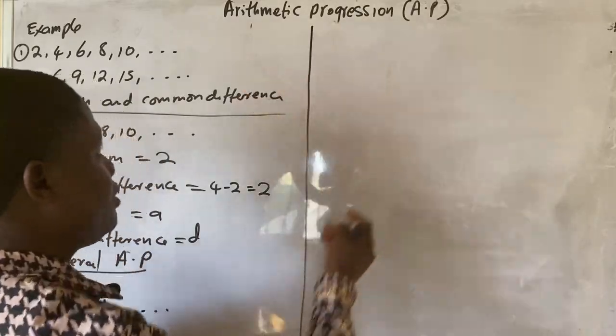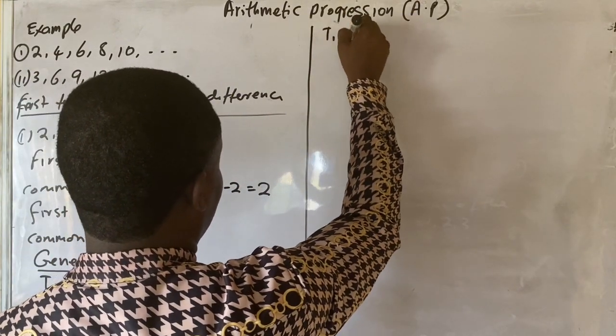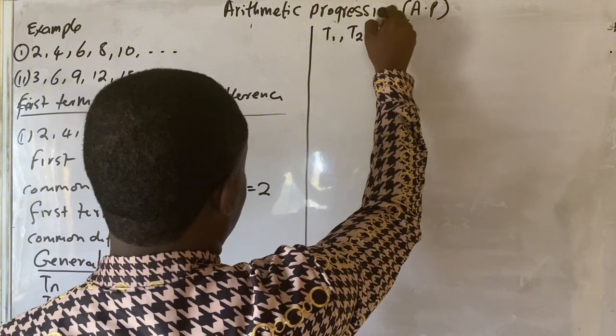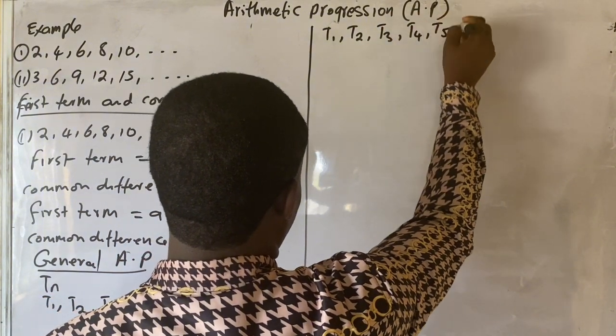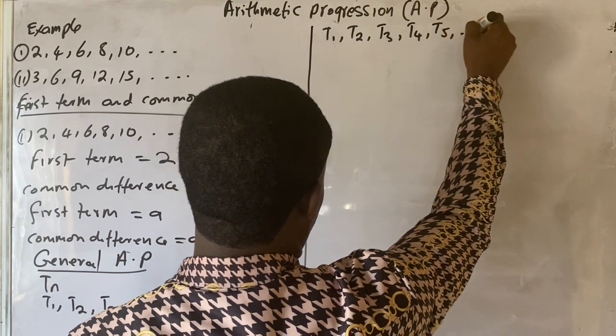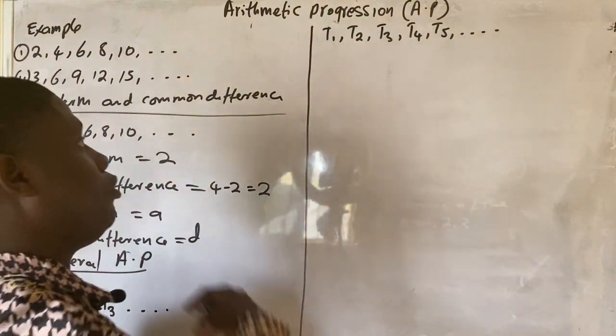So the general AP will be given as T1, T2, T3, T4, T5, and so on.